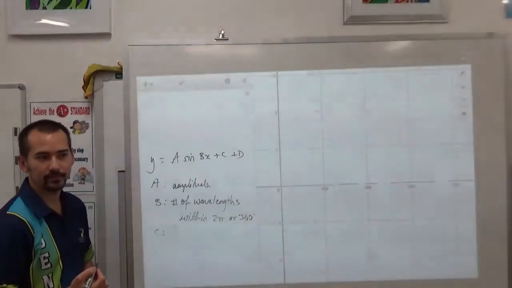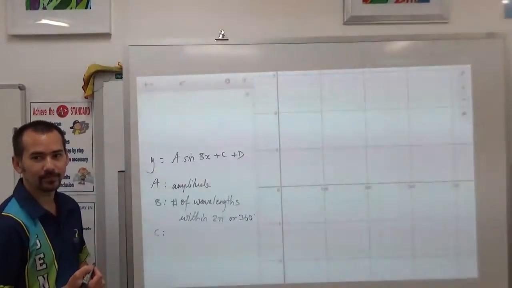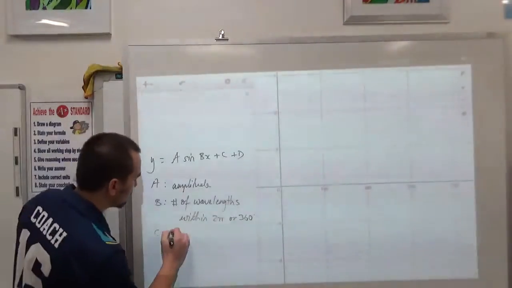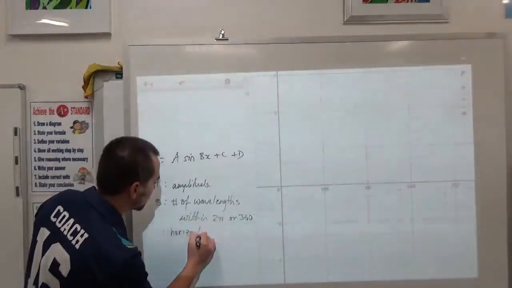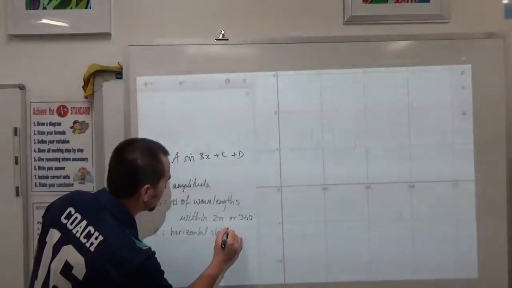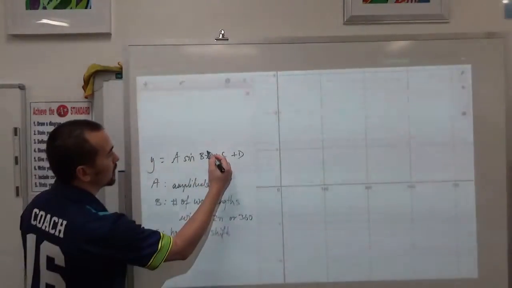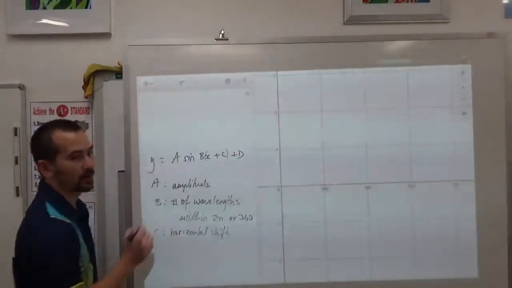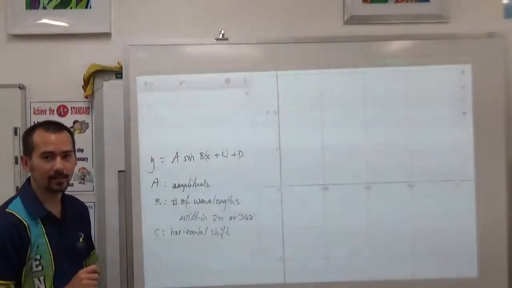What does C tell us? One was vertical, the other one was horizontal. Good. This is the horizontal shift. And that applies when the brackets go there. So C must be inside the brackets.